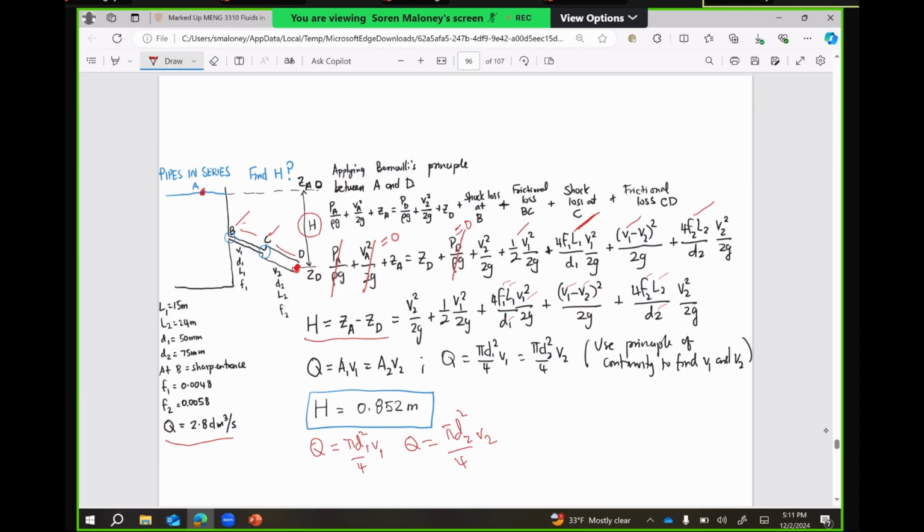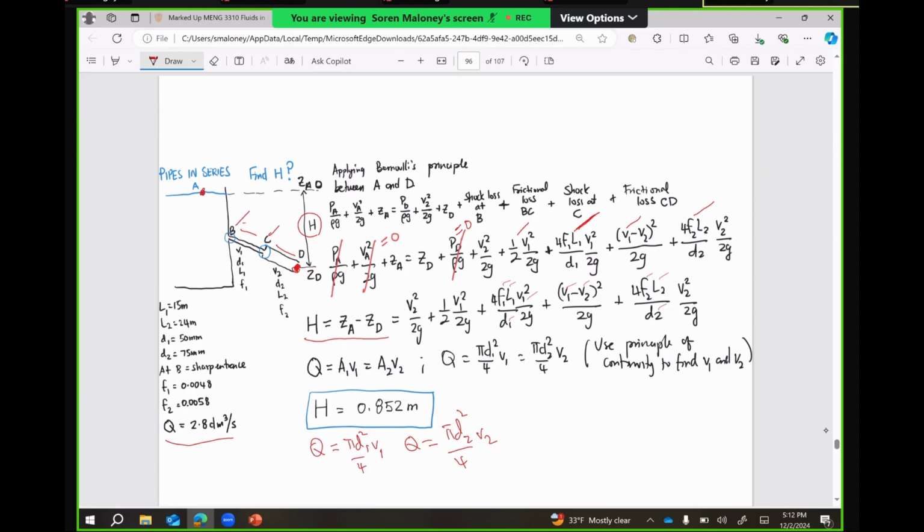So I hope you're getting the idea here. We almost always need our continuity principle in conjunction. We're using the principle of conservation of mass as well as the principle of conservation of energy, because sometimes we have more than one unknown, and we will need more than one set of equations to solve for what we're trying to figure out.